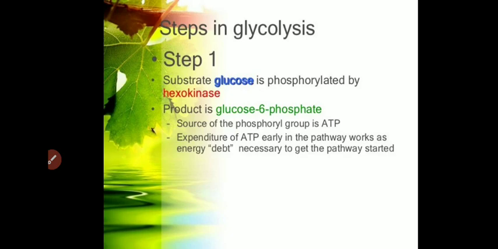Here the negative charge on the phosphate prevents the passage of sugar phosphate through the plasma membrane, trapping the glucose inside the cell. The charged sugar cannot pass through the membrane.